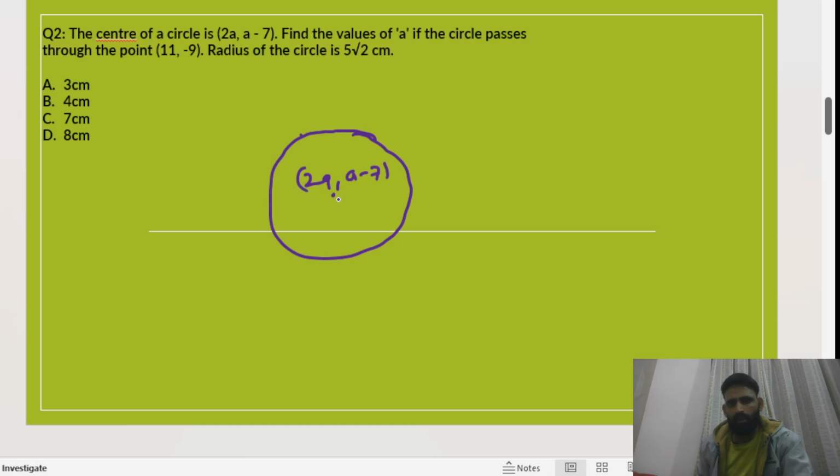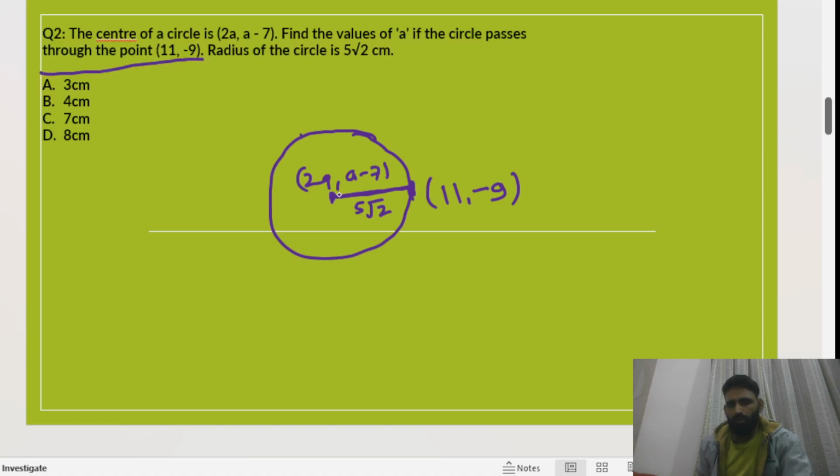This is the center point, and this is the radius, and the radius given is 5 root 2, and it passes through the point 11. So this is a pass point, and the pass point coordinates are 11 comma minus 9. So same, there are 2 points: this is the center point and this is the pass point, and the distance given is 5 root 2.